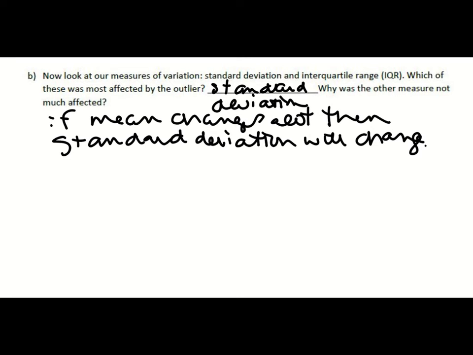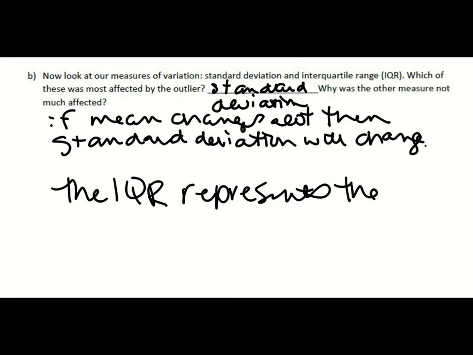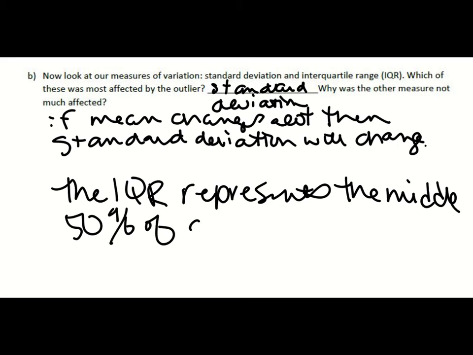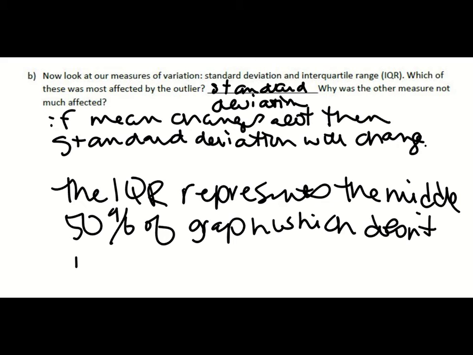And then it says, why was the other measure not affected? So the IQR represents the middle 50% of the graph, which doesn't include the outliers.